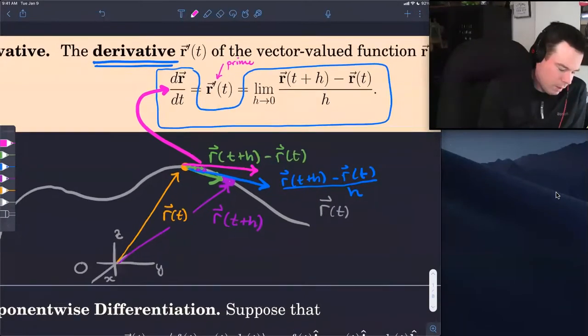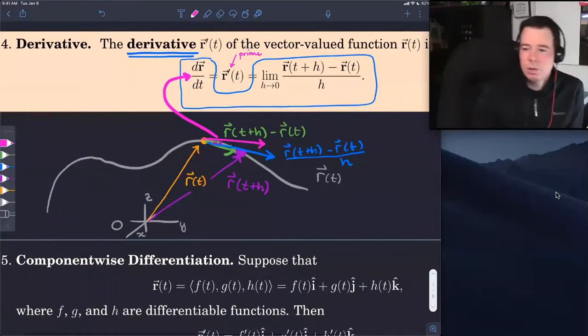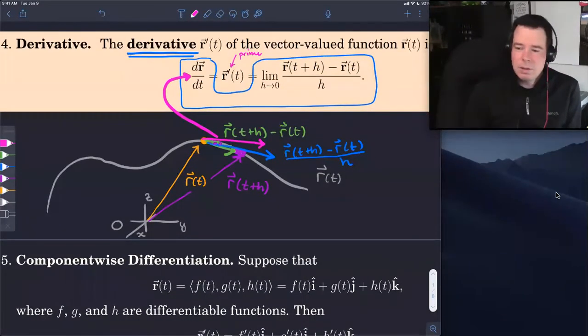Okay, if it helps to think of a concrete example, let's say we were trying to find the velocity. What's velocity? It's change in position over change in time. The change in position is the top, the difference between where you are and where you're going. What's your change in time? How long you were traveling. And that's h, because you traveled from time t to time t plus h.